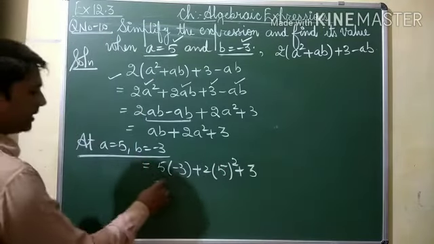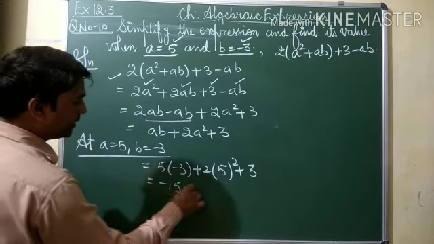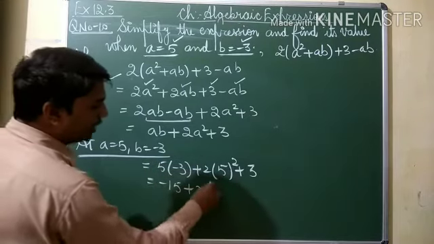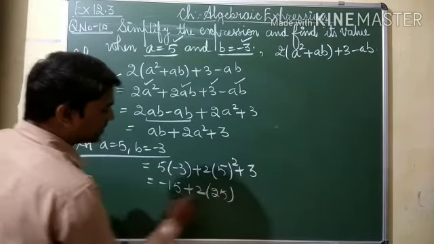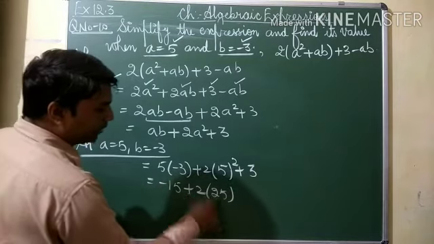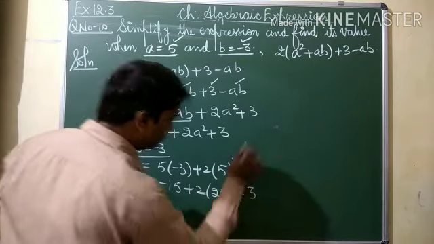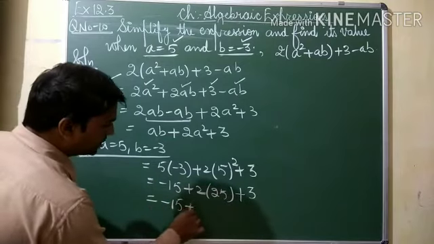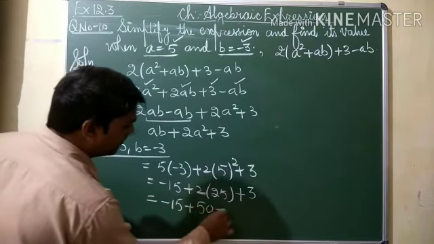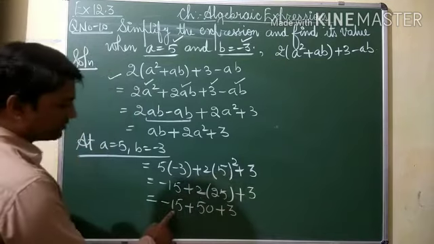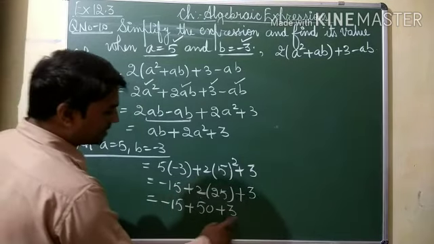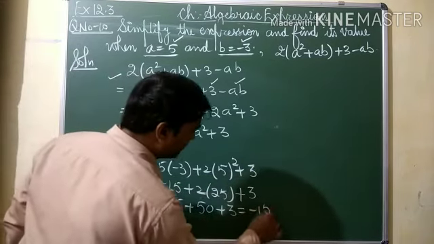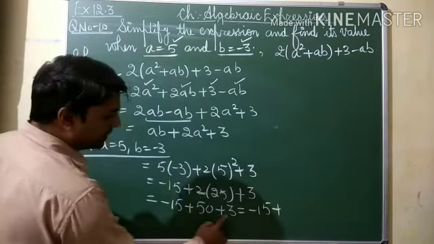Now 5 into minus 3 is minus 15 plus 2 into 5 square 25, so it becomes minus 15 plus 2 into 25 plus 3, which is further equal to minus 15 plus 2 into 25, 50, plus 3. So it becomes minus 15 plus 50 plus 3, which is equal to minus 15 plus 50 plus 3, 53.